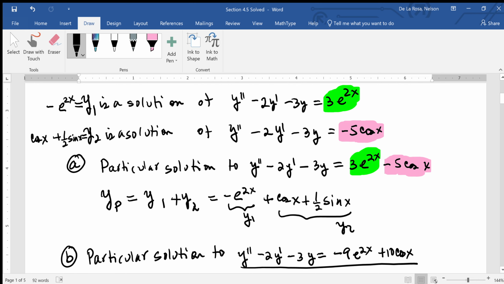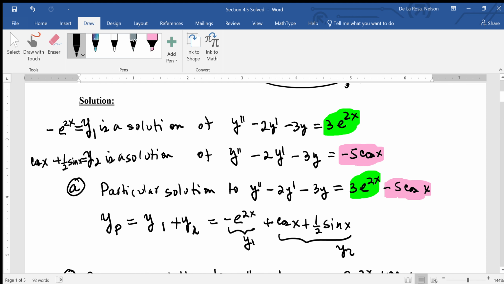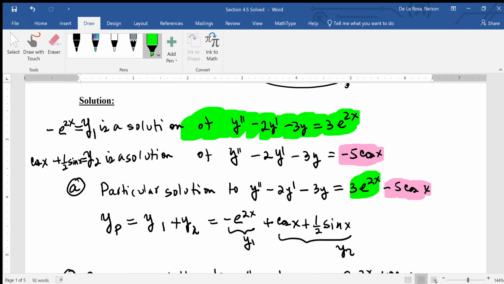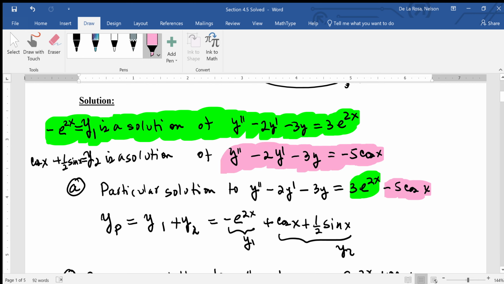Well, notice that y1 solves this equation and I shade it in green. And then y2 solves the equation and I shade it in pink, we can say.